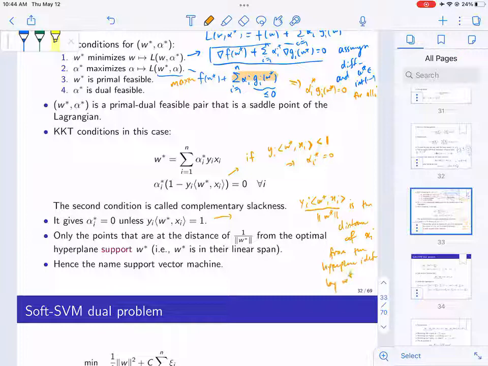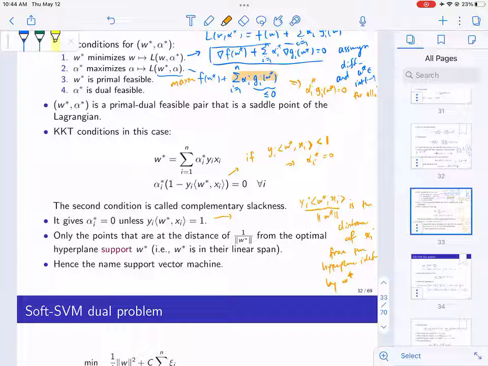So for these points for which this is equal to 1, for all these examples that support w star, the numerator is 1. So only the points that are at distance 1 over the norm of w star control the w star.